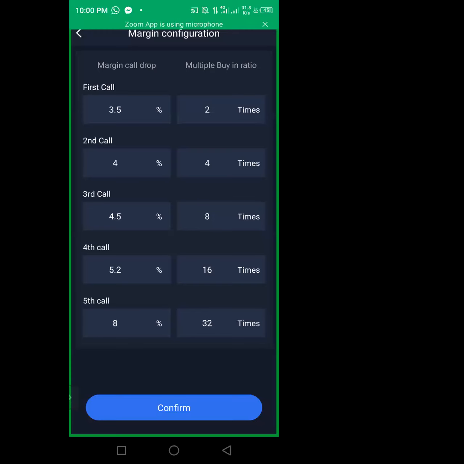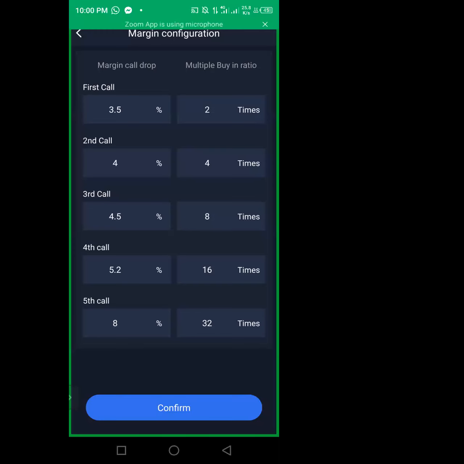Then the right part is the times. When you see times, you know you are talking about numbers, about money. When it drops to that percentage, how much do you want the robot to use to buy? On the right part, the multiple buy-in ratio talks about money.